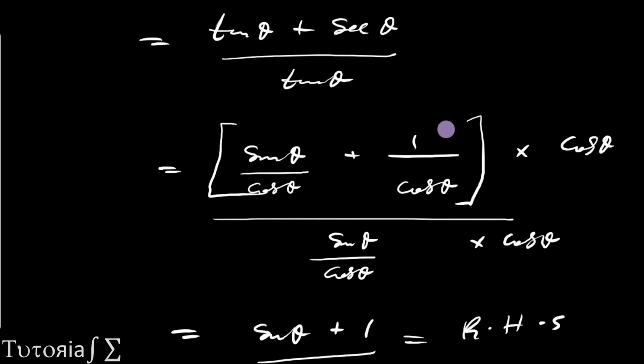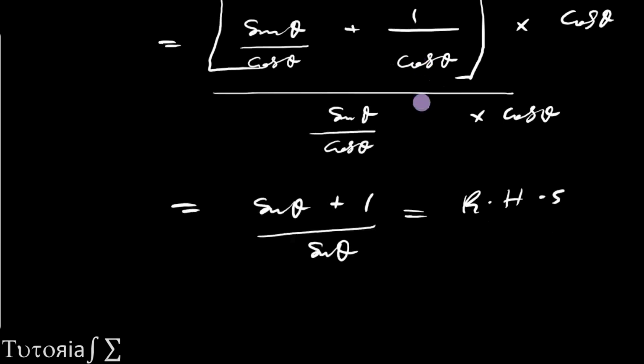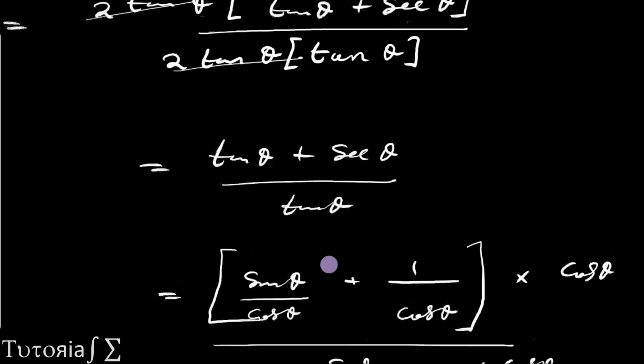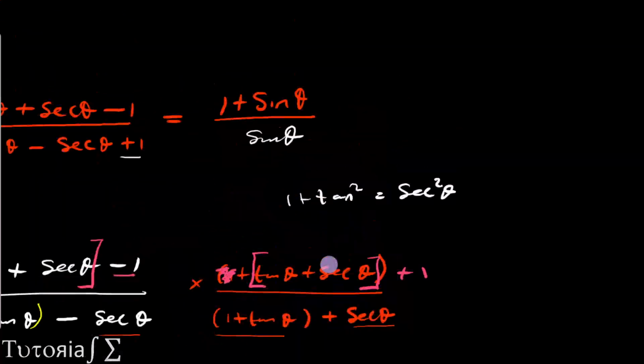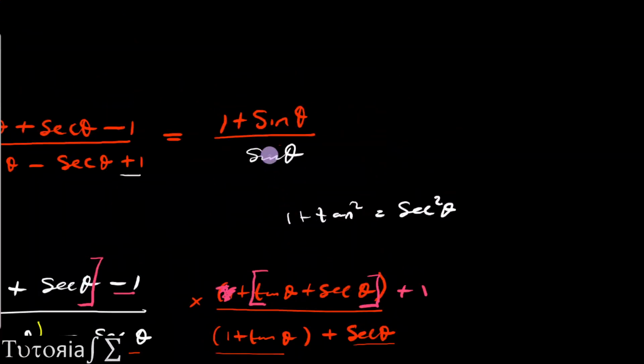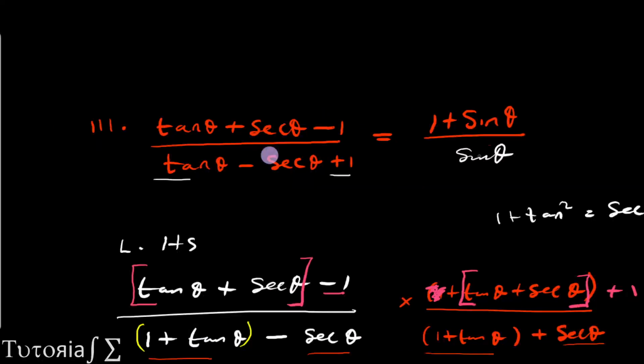So it's supposed to be sine theta here, and right here it's also supposed to be sine theta, not cos theta. And that proves our identity.